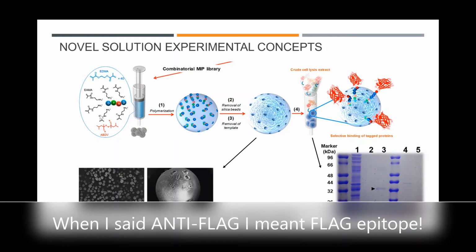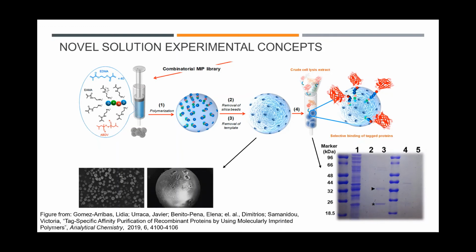It is surrounded by these functional monomers here that will bind to it, and EDMA is the crosslinker that will lead to the connection of all these monomers, and ABDV is the radical initiator of the polymerization. So if all goes according to plan, then these silica beads will be covered in molecularly imprinted polymers that are capable of behaving similar to flag and binding anti-flag sequences.